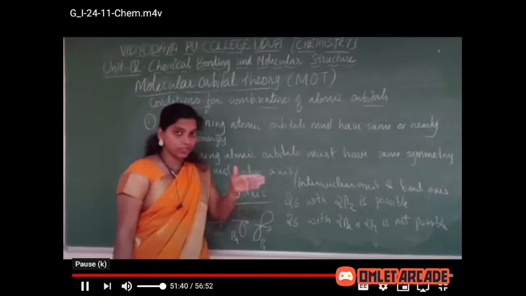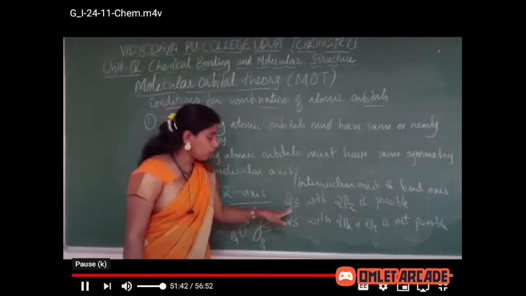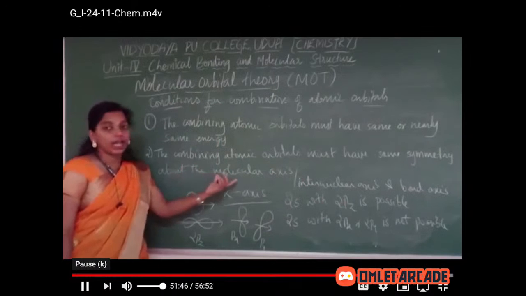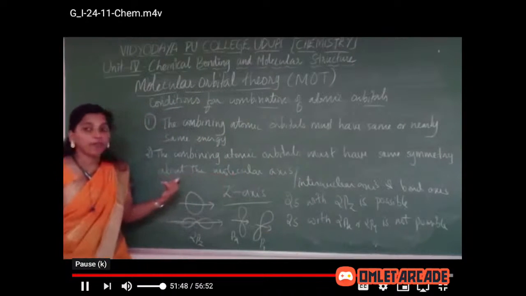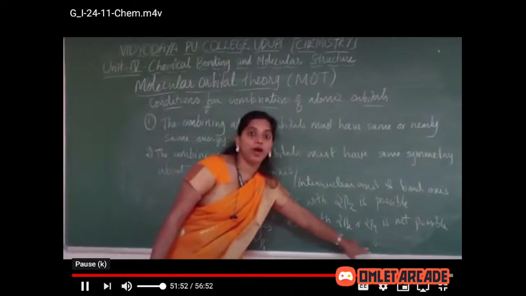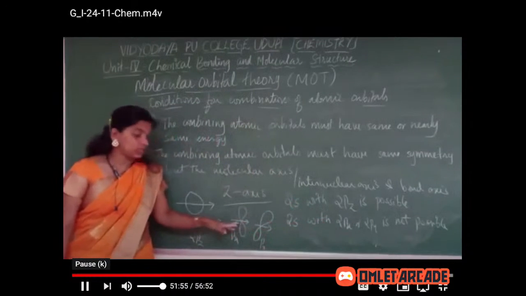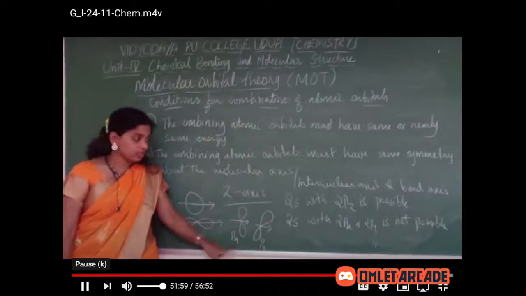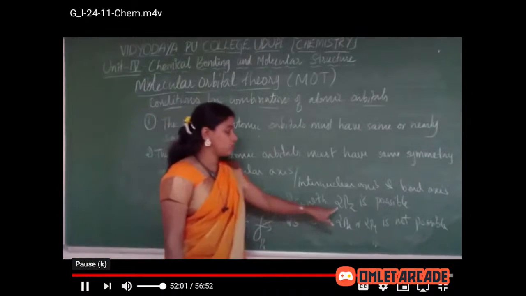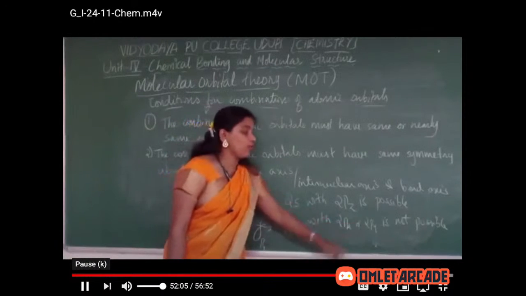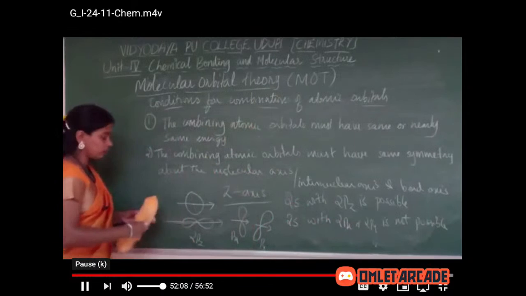But among the 2p orbitals, only 2s with 2pz is possible because both have symmetry about the molecular axis. In 2px or 2py, the symmetry is perpendicular to the molecular axis. Because of that, 2s with 2pz is possible, but 2s with 2px or 2py is not.